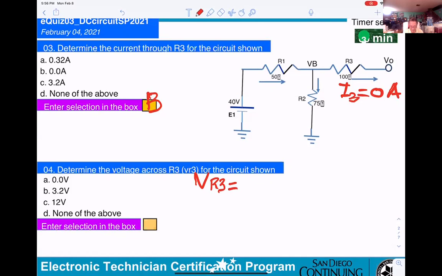So basically it must be I3 times R3. I3 equals 0, so that's why you get 0 volt. Answer is A. So the answer will be A.